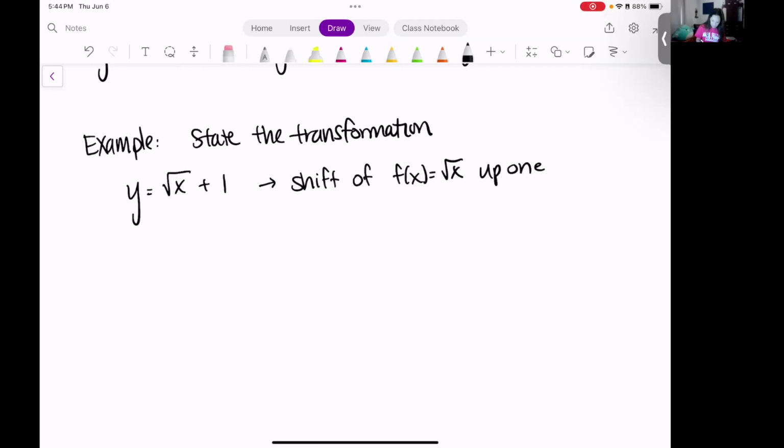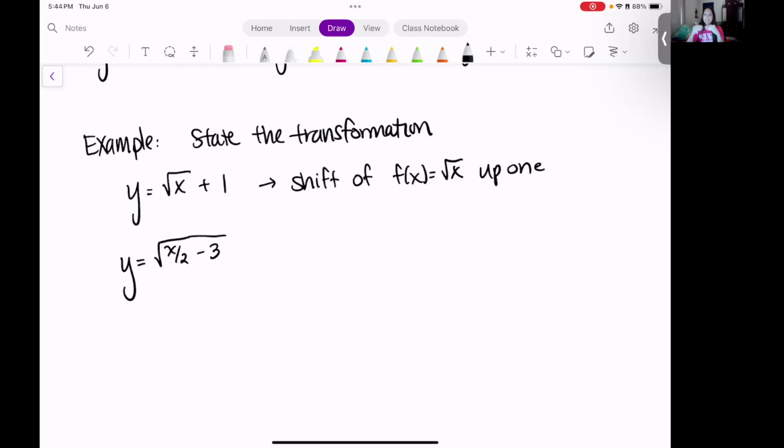What if I said y equals the square root of x over 2 minus 3? That's all underneath the square root. So that's going to be something that's happening to the x value. I'm subtracting, and remember, add or subtract is either shifting up and down or left or right.